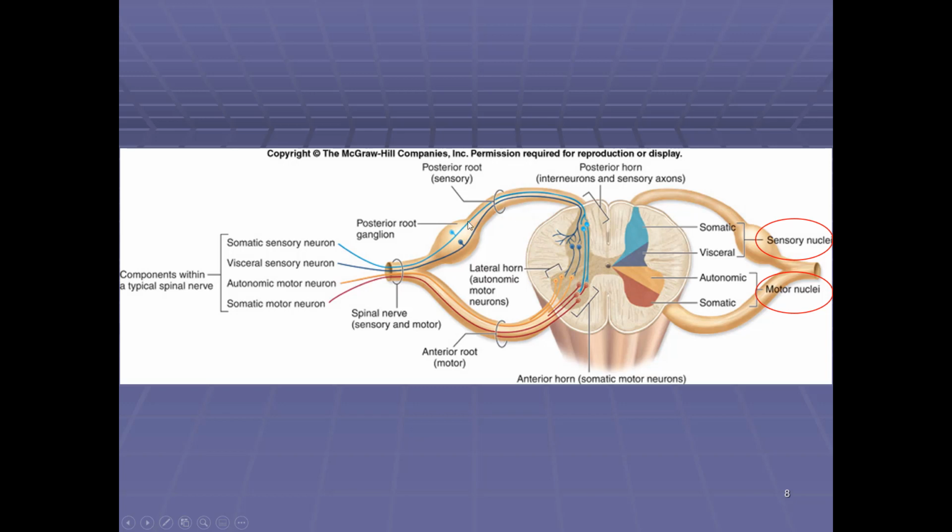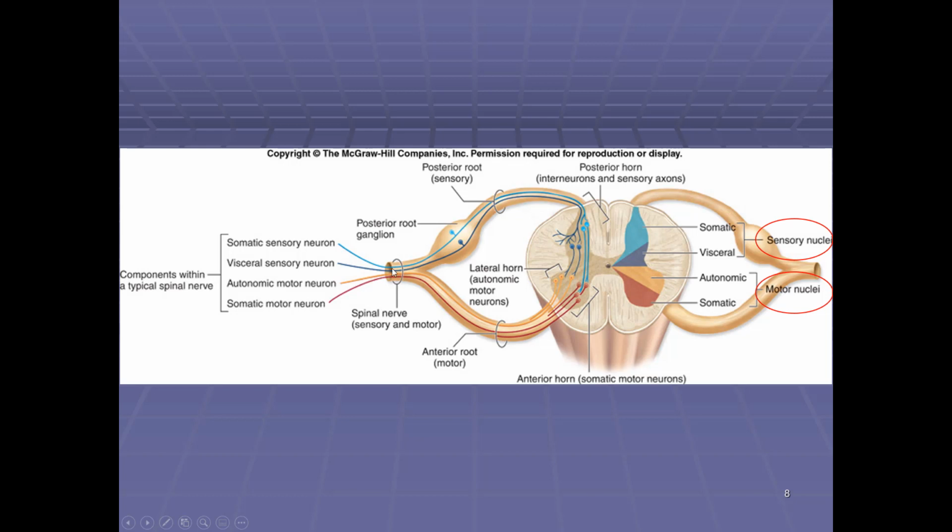The posterior root always contains sensory neurons. That's just how it is. Sensory neurons bringing information into the spinal cord are found in the posterior root. Motor neurons, on the other hand, are always found in the anterior root, and they're conducting signals out, away from the spinal cord.